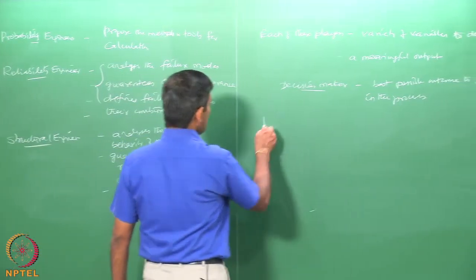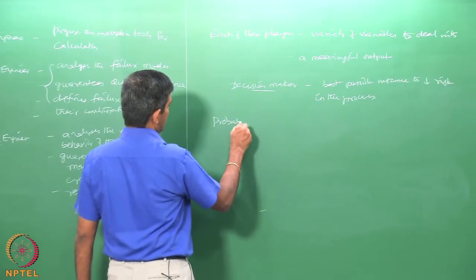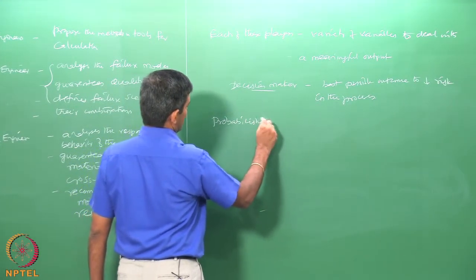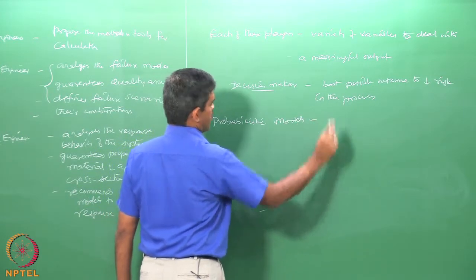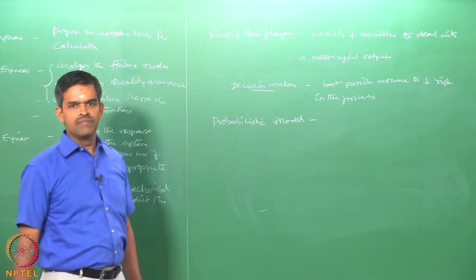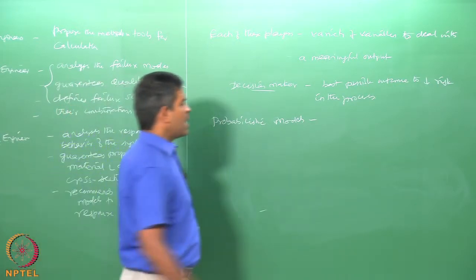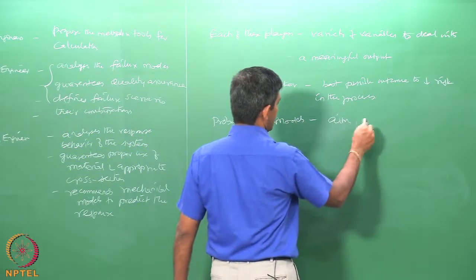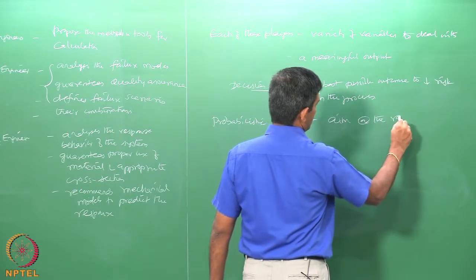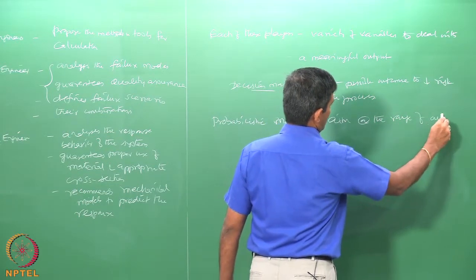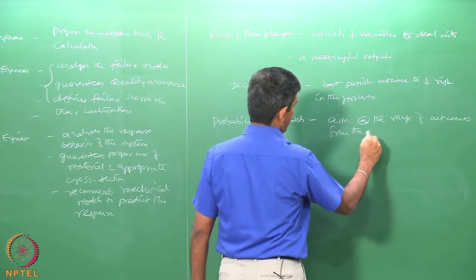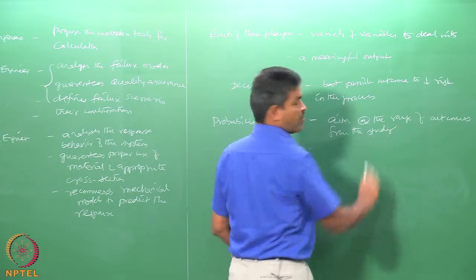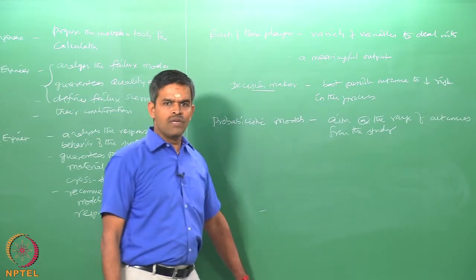Therefore, probabilistic models should have a basic objective. They aim at the range of outcomes from the study for the given input data.